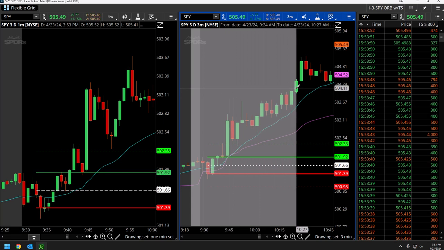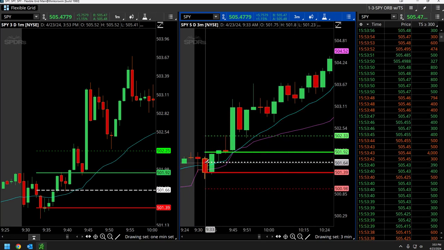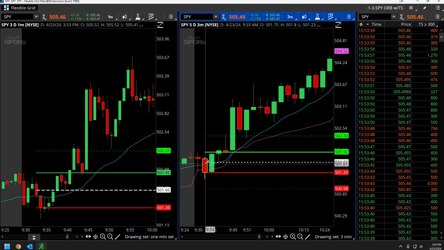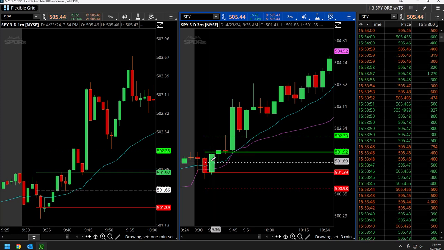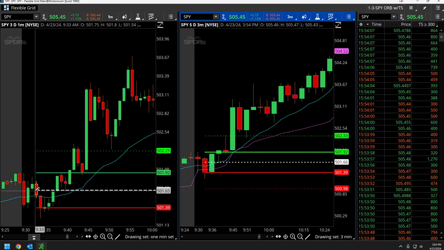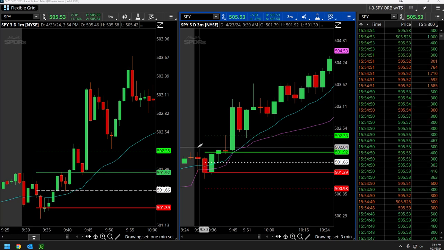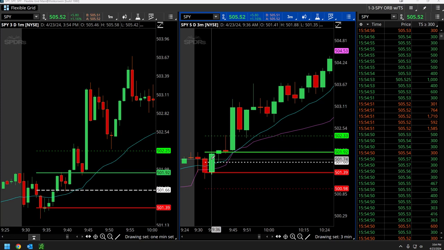The way that translates onto the 3 minute chart: the first 3 minute candle was here, the second 3 minute candle was here. So this candle encompasses what we just talked about on this side. This candle here was basically inside the range on the 3 minute chart, so no trigger.